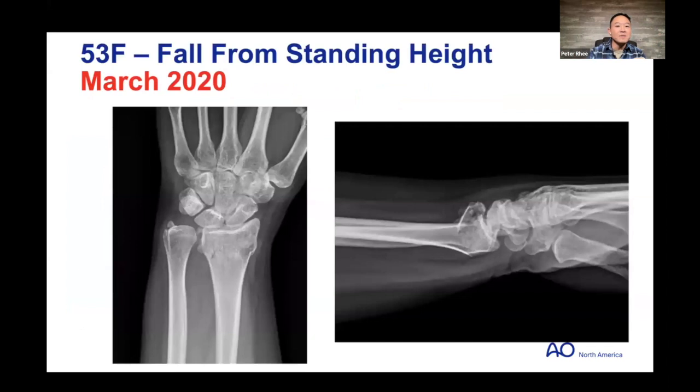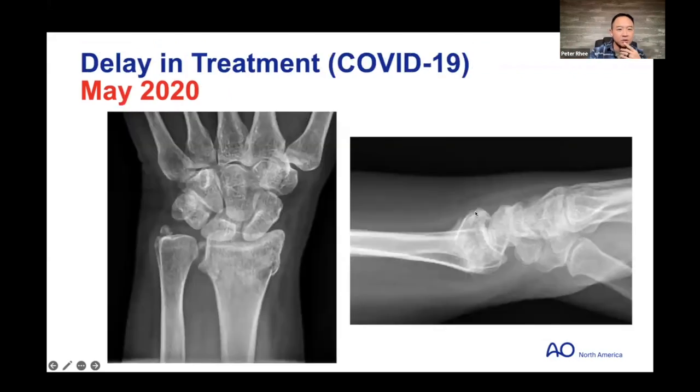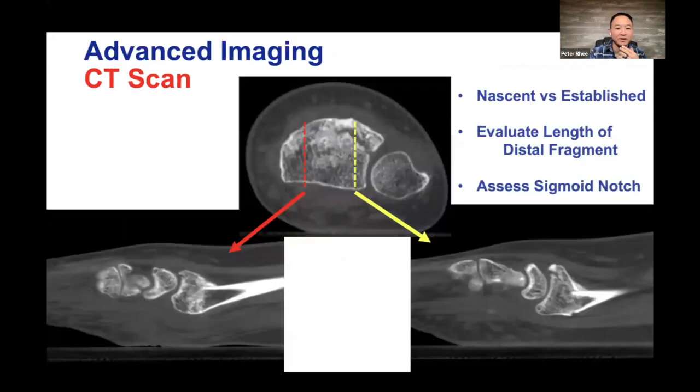So for example, when you have this dorsal bending type mechanism, where someone's typically low energy, fallen outstretched hand, we know that these are apex volar injuries, but a lot of times you can have these small dorsal rim fragments, or like in this example, a patient who broke their wrist during COVID, when everything was shut down. So we had to painfully watch this fracture being treated non-operatively.